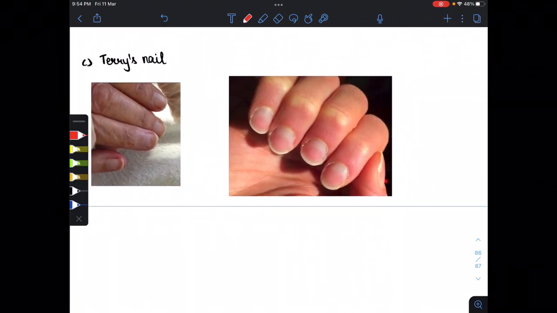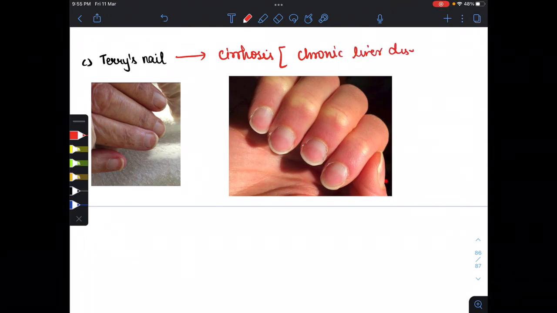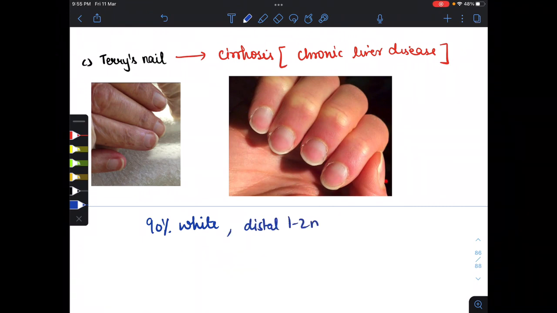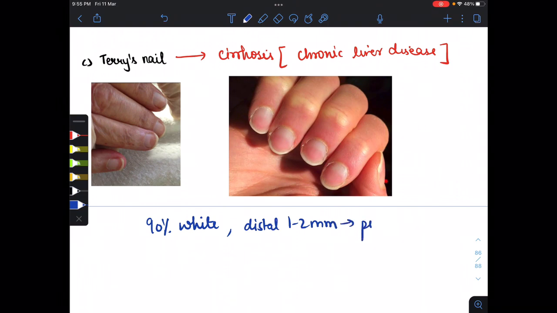Now the Terry's nail. Terry's nail is seen in cirrhosis patients and in chronic liver disease. Cirrhosis is a chronic liver disease. In Terry's nails, 90% of the nail is white in color, but the distal 1 to 2 mm part of the nail is pink or brown in color.